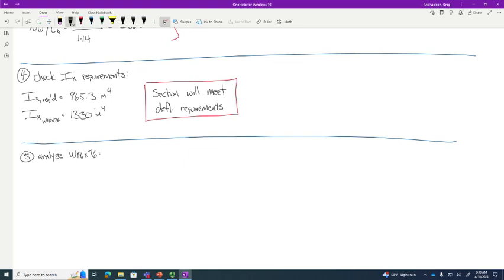So this is heavier than our assumption or lighter? Lighter. So if our beam has enough capacity to withstand these, we really don't need to update them. These are fine.